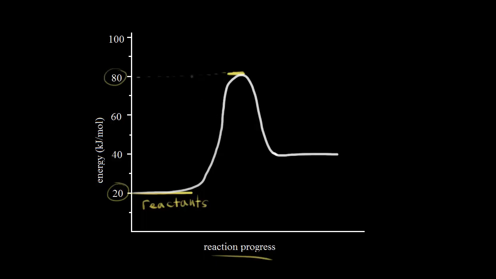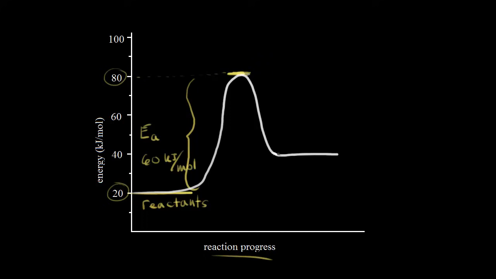So this difference in energy, this is our activation energy. So this is EA. That represents our activation energy, which for this reaction would be 80 minus 20, which would be equal to 60 kilojoules per mole.